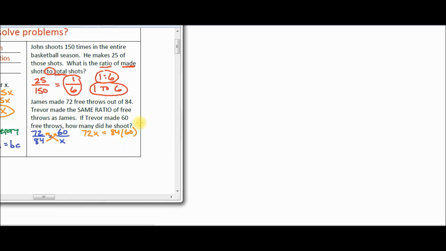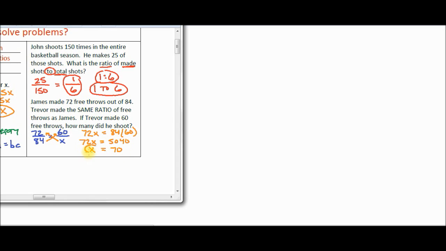All right, 84 times 60 is 5,040. So we've got 72x is equal to 5,040. And now we can see algebra 1, divide both sides by 72. So 72x divided by 72 is just x. 5,040 divided by 72 is 70.